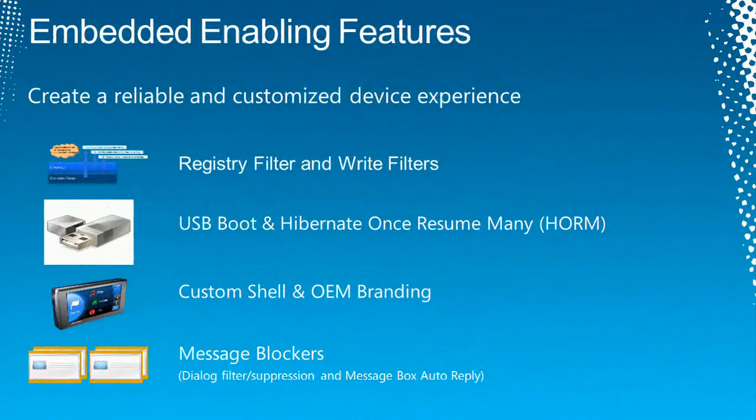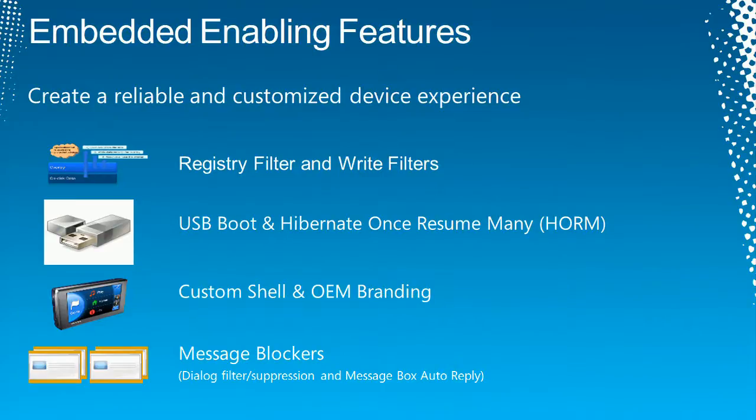Looking at the embedded enabling features, they add robustness and flexibility to your embedded device, meaning the write filters protect partitions, so the users cannot tamper with the settings you have made. Using USB boot or SDI boot, you have flexible boot possibilities. Hibernate Once Resume Many is a functionality where you boot many times from a one-time created hibernation file.